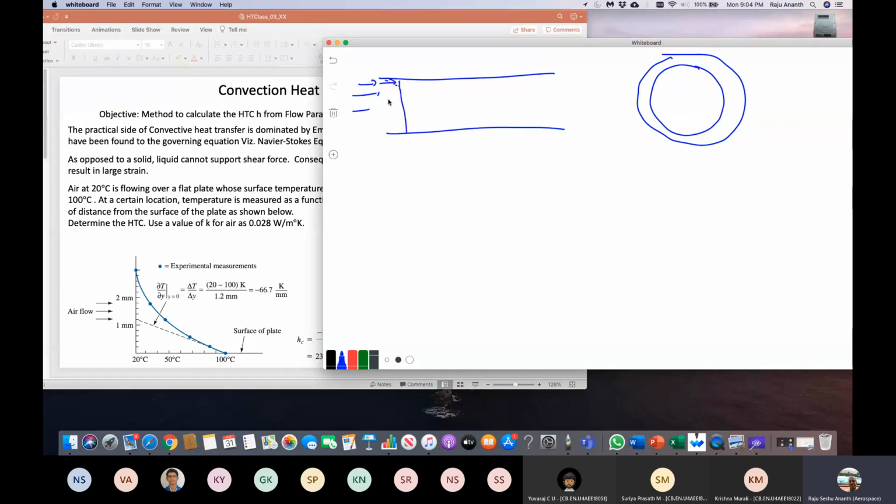It starts like this, something like that, and slowly becomes like this. Eventually, if it's laminar, it becomes a parabolic shape. Everything up to here is the entrance effect, and after that it is fully developed.